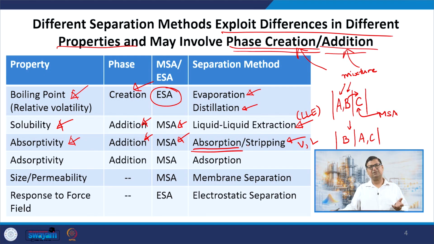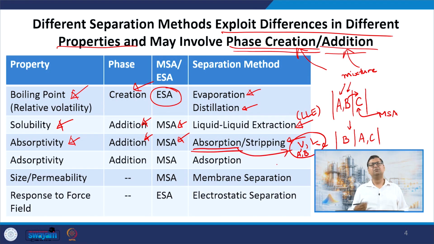The liquid phase basically absorbs things from the vapor phase containing two components. So, the vapor phase contains two components A, B, and the liquid may contain an MSA C. If that is happening, this is my absorption process.